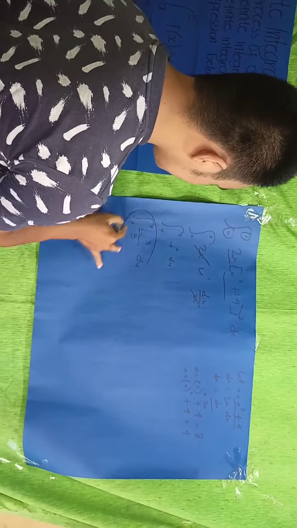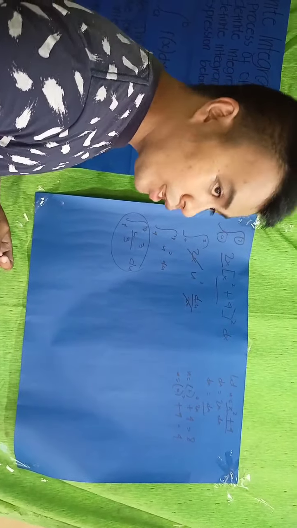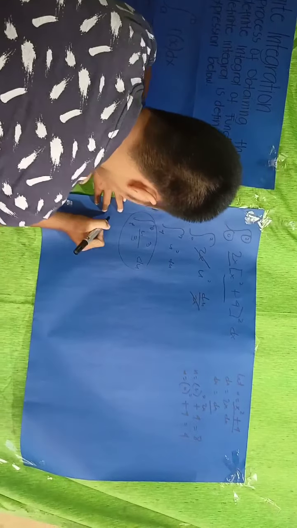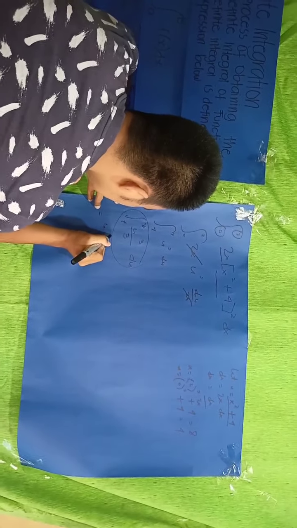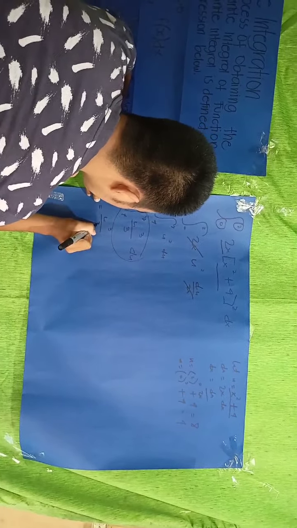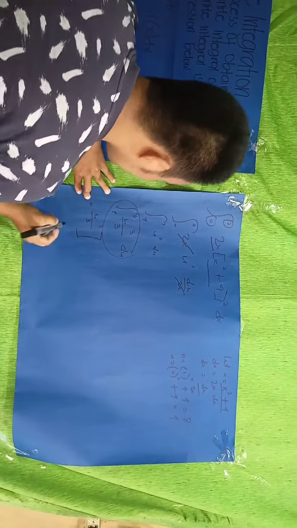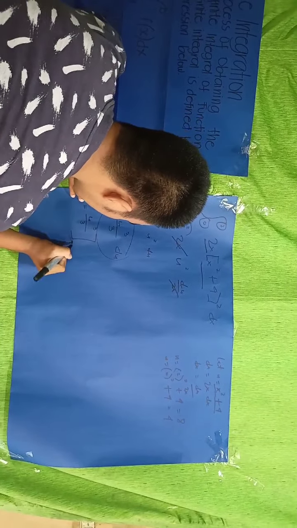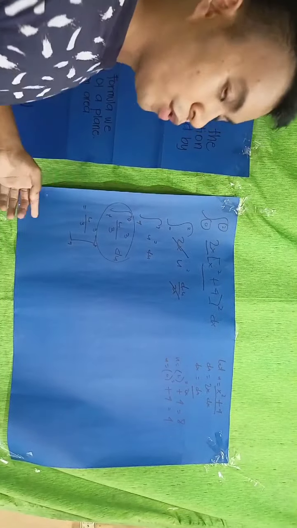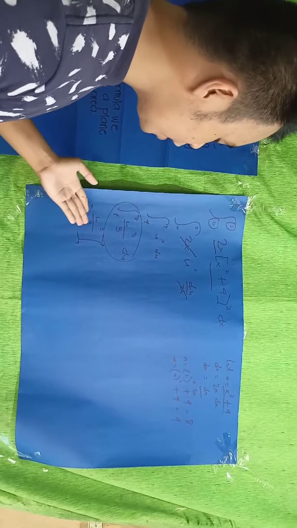Now we rewrite it as equals u cubed over 3, in brackets, from 4 to 8, because 4 is our lower limit and 8 is our upper limit.